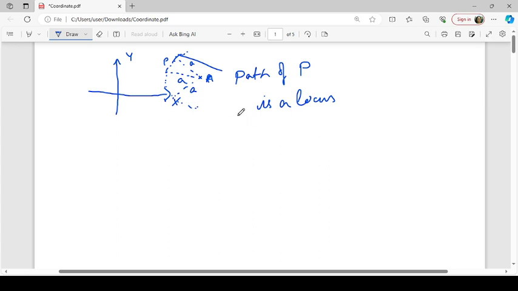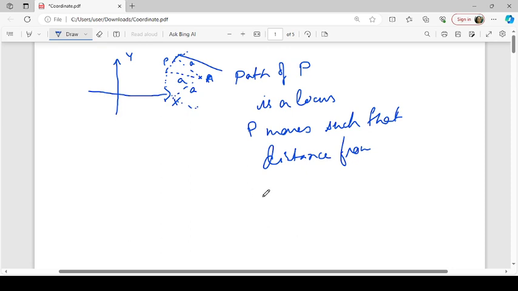If it follows this rule, then we say P moves such that the distance from the fixed point A is constant and it is a.